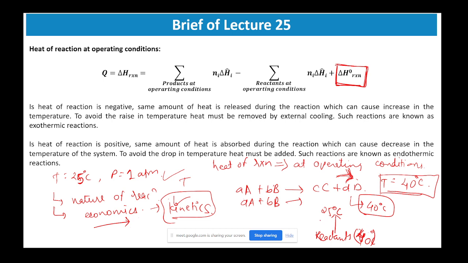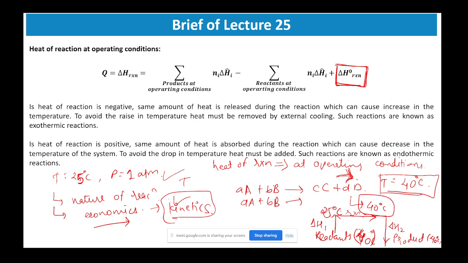For that you calculate the amount of heat change, which is delta H1, let's say. Now you perform the reaction at 25 degrees Celsius, and you again take the product at 25 degrees Celsius to the product at the required temperature. Let's say here it is 40 degrees Celsius only. Reactant and product should have the same temperature. So this is delta H2, this is delta H1.